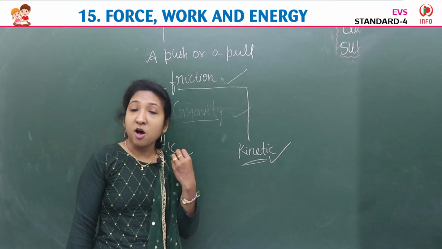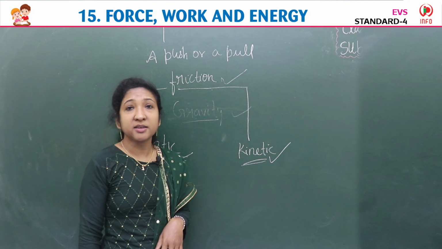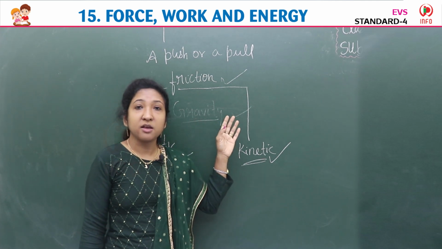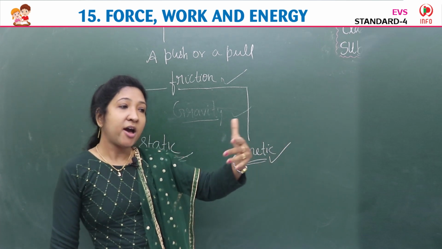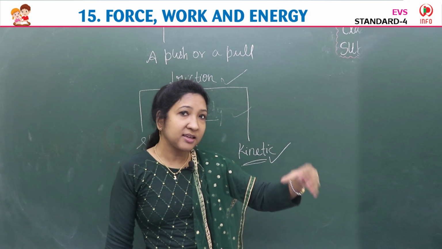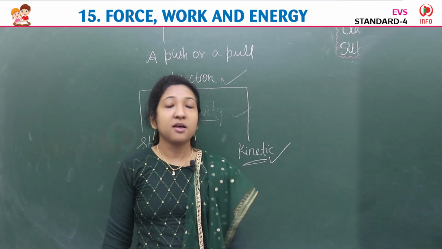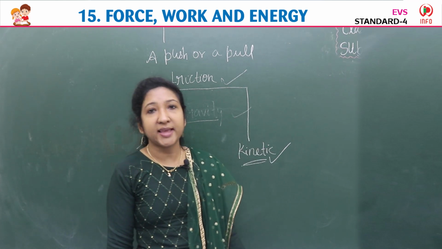Force is needed for all the objects to move and to stop, isn't it? Then we learned about friction. When we roll a ball, after some time the speed decreases and it comes to rest or stops. What makes the ball stop is the frictional force we say.